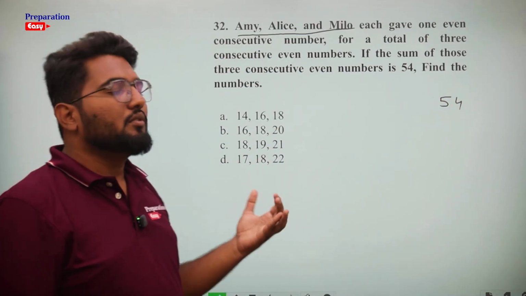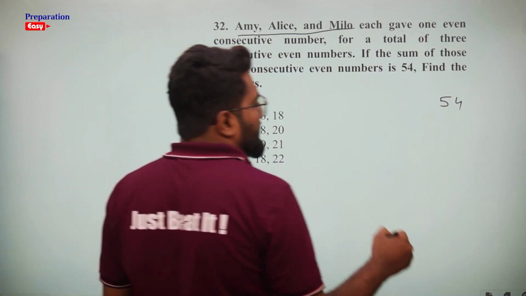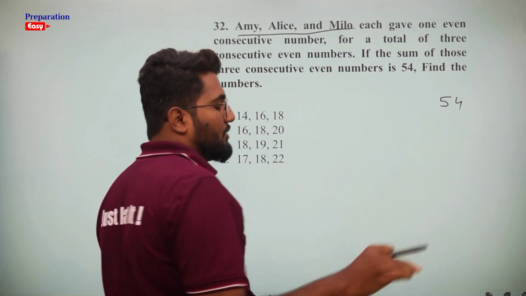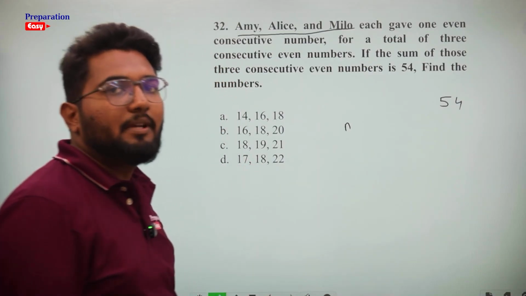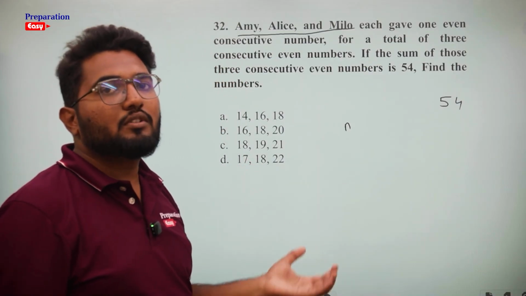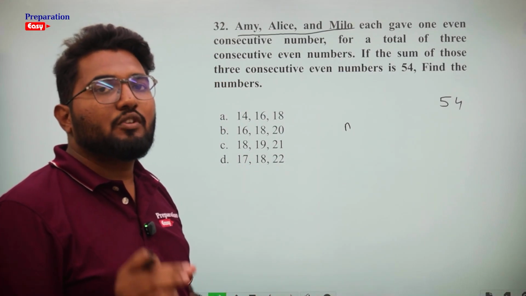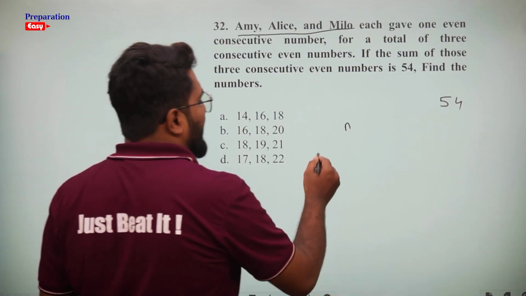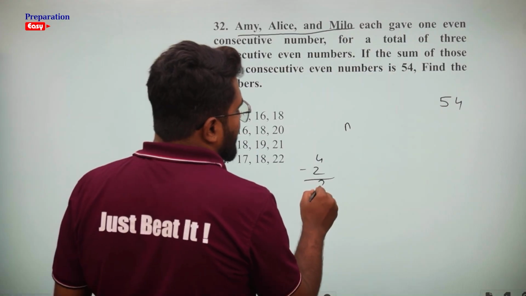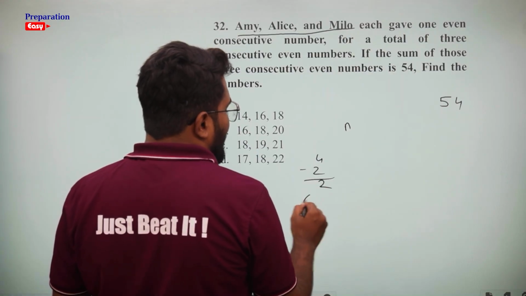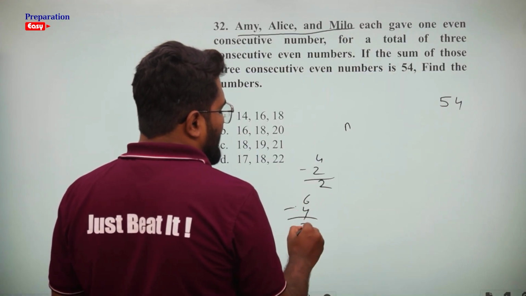First we will consider the smallest number as n. Then the next number will be n plus 2. Why 2? Because if I subtract 4 minus 2, even from even, 2 consecutive even numbers, the answer is 2. Again 6 minus 4 also becomes 2.